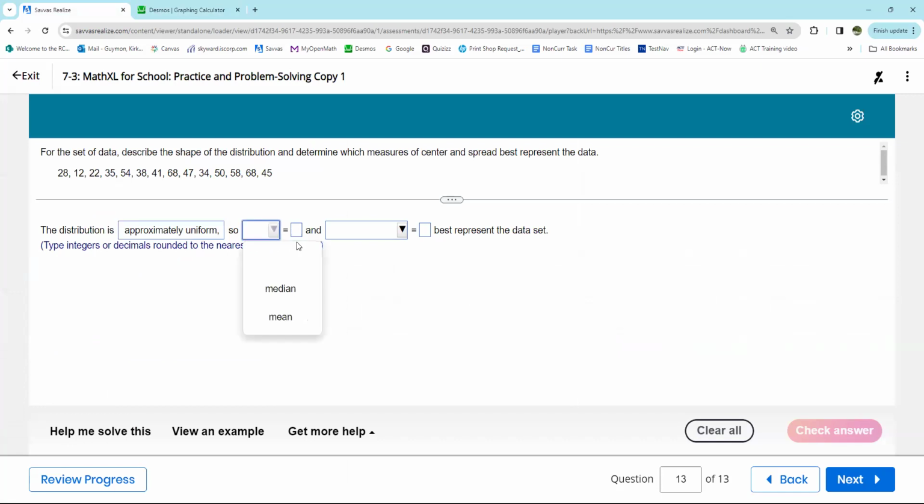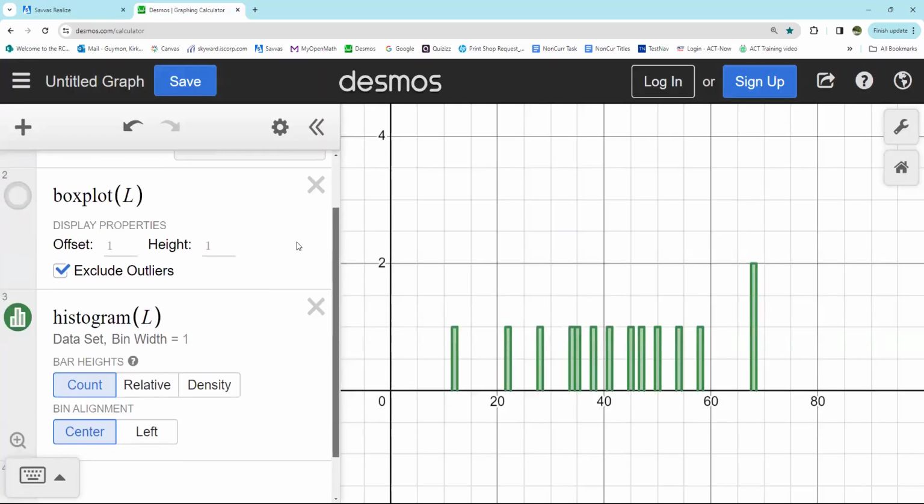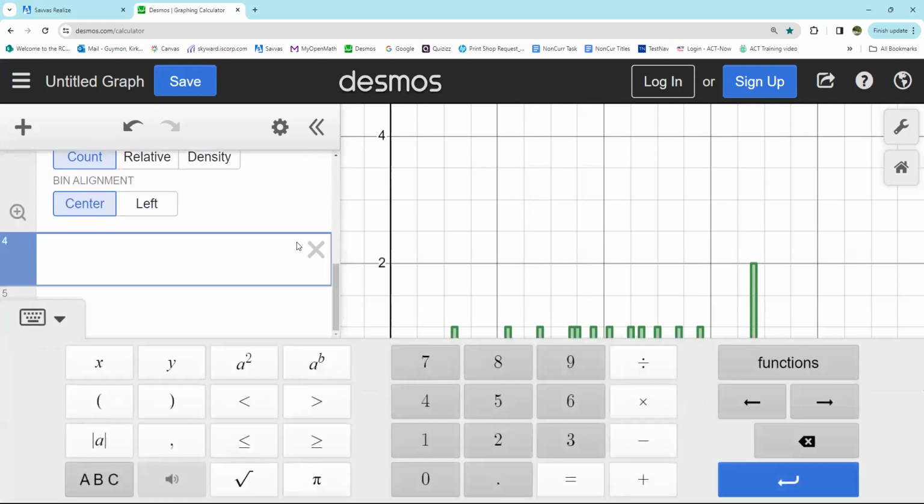And so if it's uniform, that means the only time we really worry about the median is when we have skewed data. And if we looked for the mean here, we just type in the mean and an L, and it'll calculate it for me, so I don't have to go through all that.